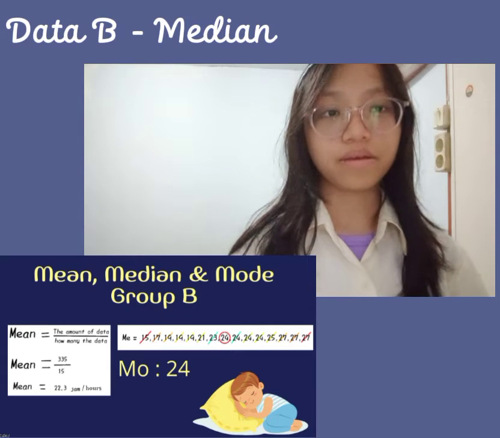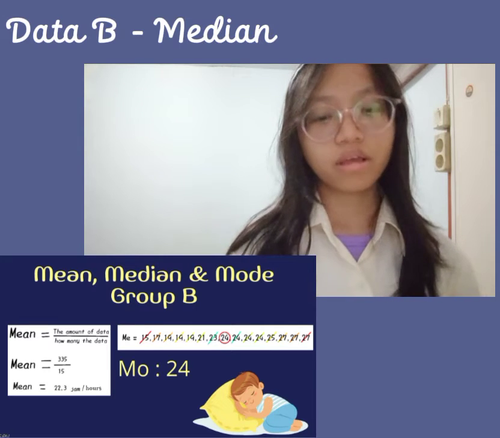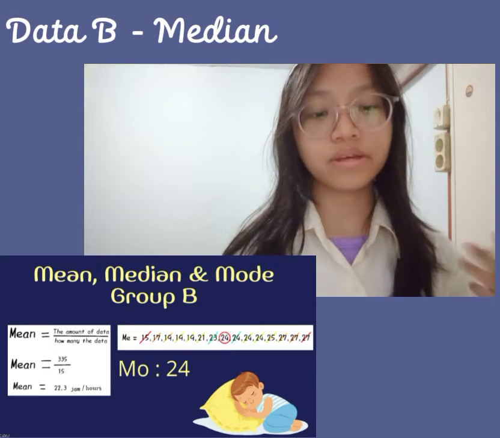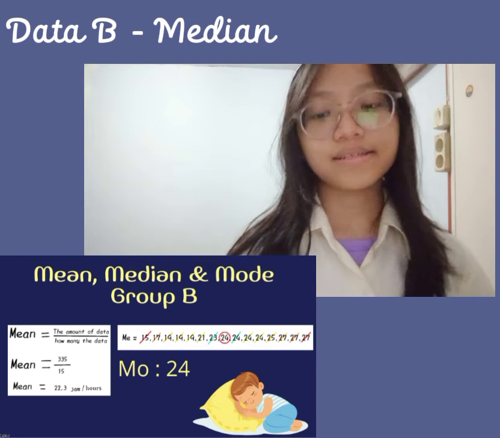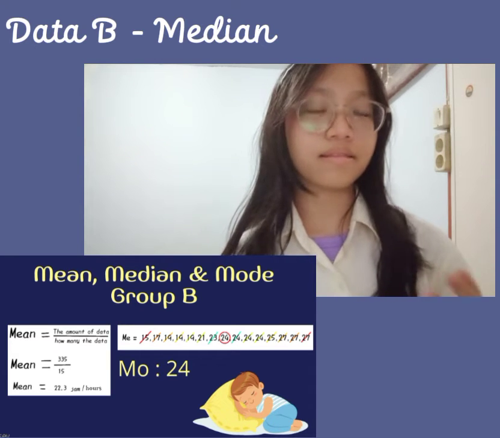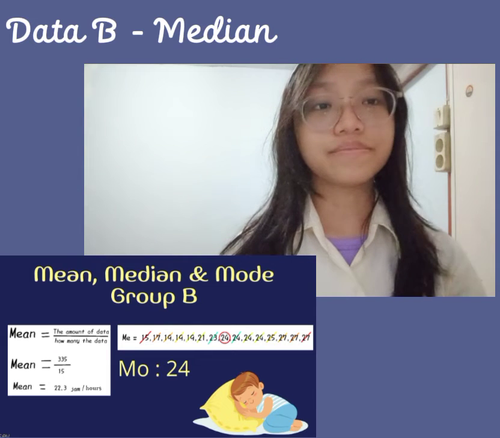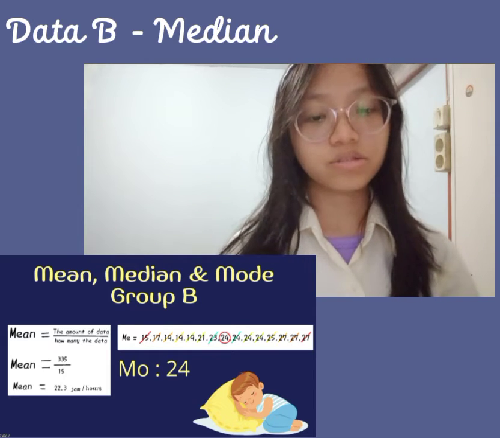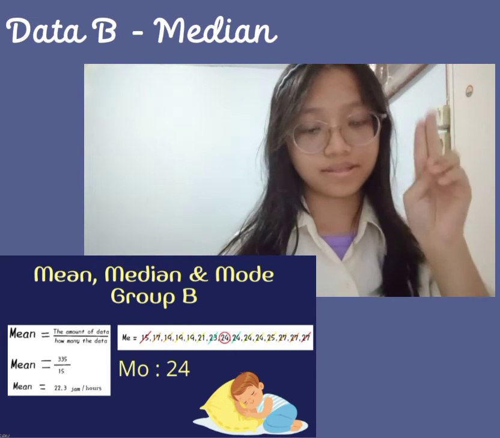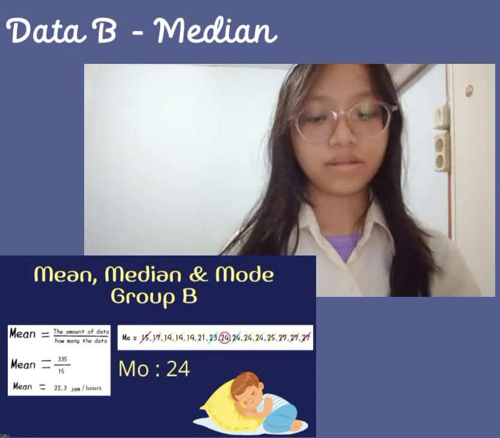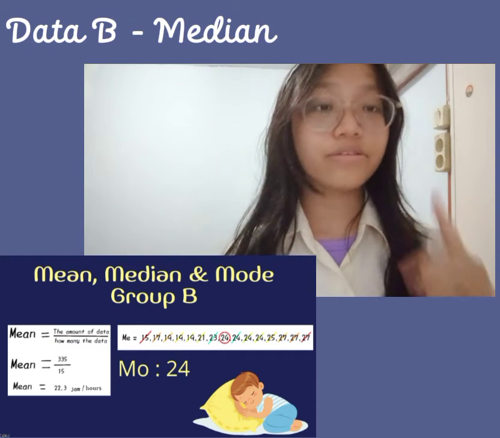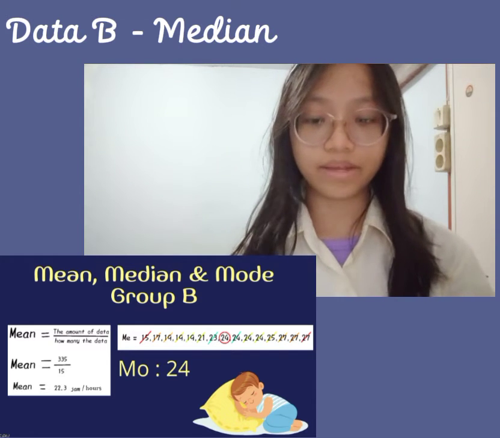Median of data B. What is median and how to get a median? Median is the middle value in the data. How to get a median? It's simple. You just need the data and sort it from smallest to largest, and count the middle of the data there. Then you will find the median.